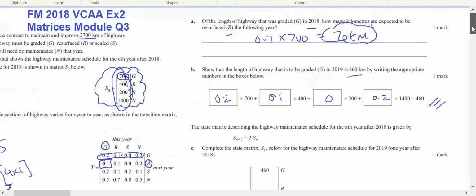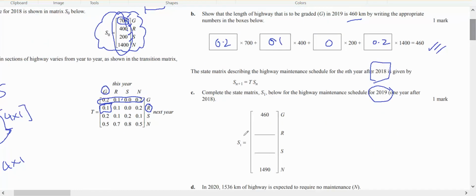Okay, so this is 2018. To get 2019, I would apply this matrix once.